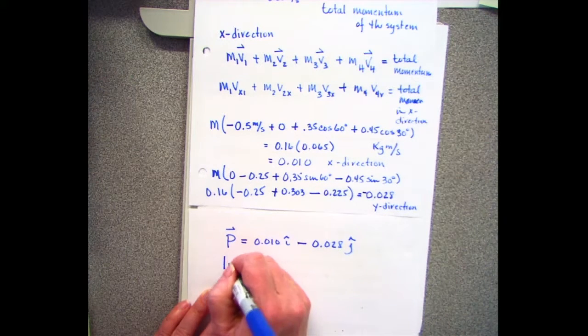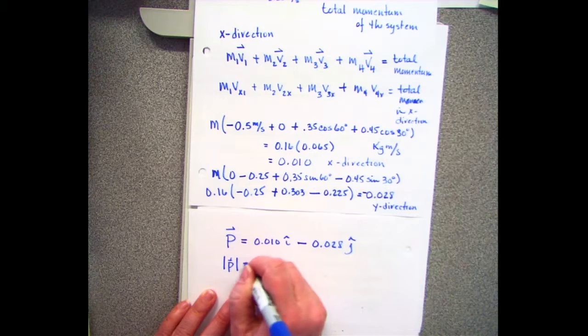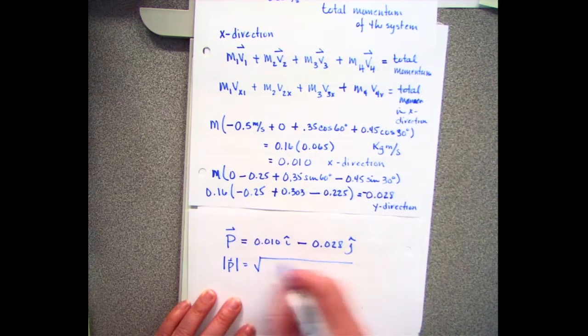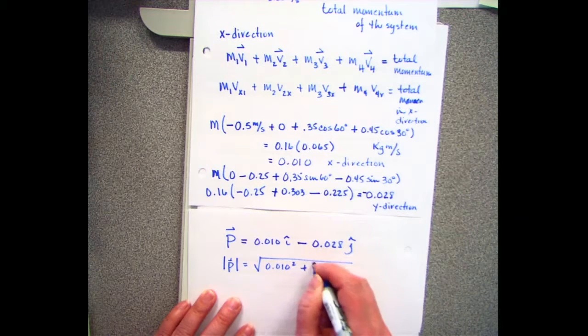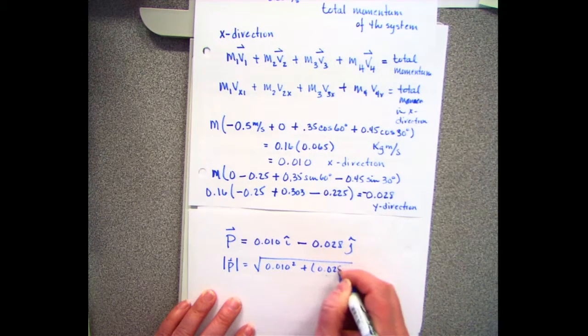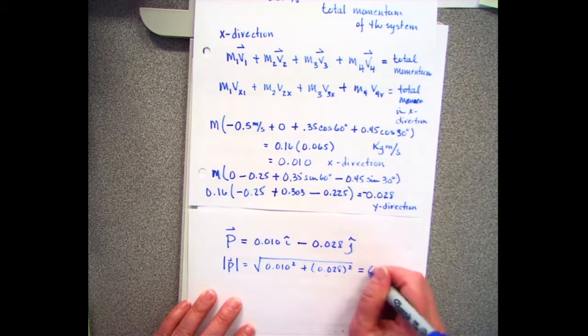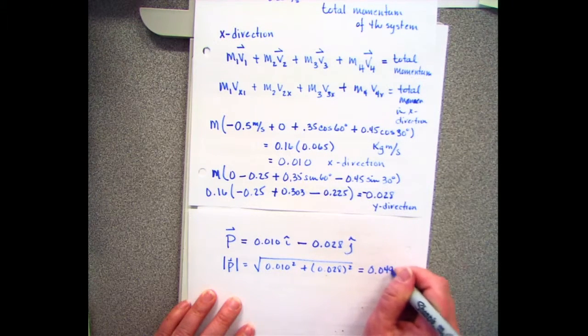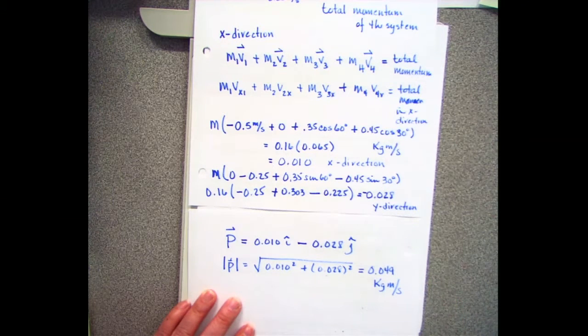Or I can do the magnitude of the P vector, which is the square root of 0.010 squared plus 0.028 squared. And that gives me 0.049, and that's in kilograms meters per second.